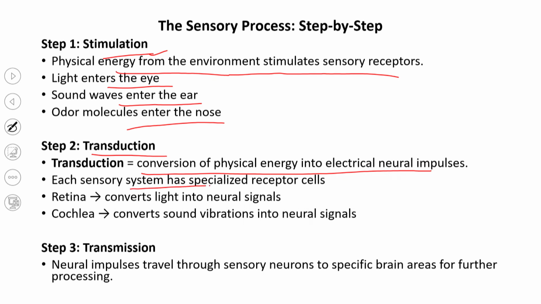Each sensory system has specialized receptor cells. For example, the retina of the eye converts light into neural signals, and the cochlea of the ear converts sound vibration into neural signals. Because if this is not converted into neural signals, it cannot be processed by the brain.